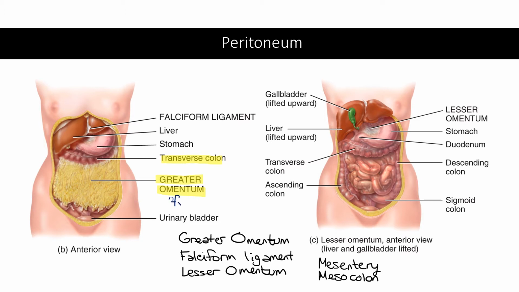So you can think of this as an apron made of fat, essentially, is what the greater omentum is. Now this is the fold that really contributes to the beer belly look of some overweight individuals. So it gives us this big, large belly if there's a lot of adipose tissue added to the greater omentum.